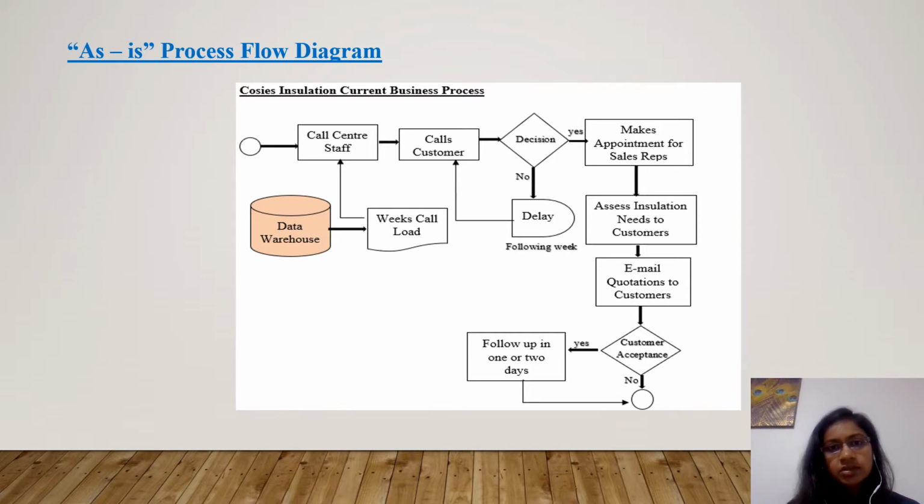The current process in this CIS installation is that the call center staff calls the customer from a weekly call list, then the decision from the customer: if it's yes, the call center staff makes the appointment for the sales representative. If it's no, like if they get any engaged numbers or something like that, they follow up with them in a week and then make an appointment for the sales representative.